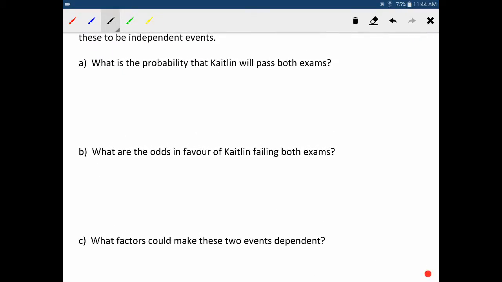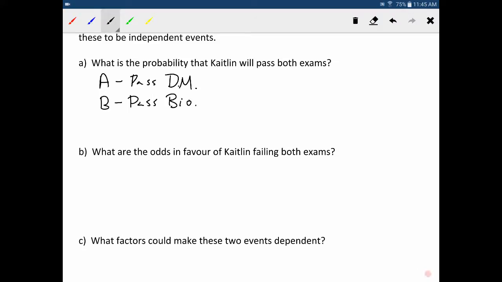So the first thing I'm going to do is we'll make A she passes data management, and we'll have B she passes bio, okay. So we have the odds of these things.